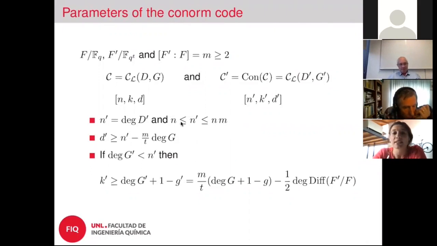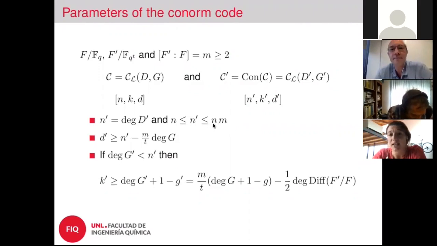We are in the case where n prime is exactly n if all the places in D are totally ramified in F prime. And we are going to have that n prime is n times m if all the places in D split completely.